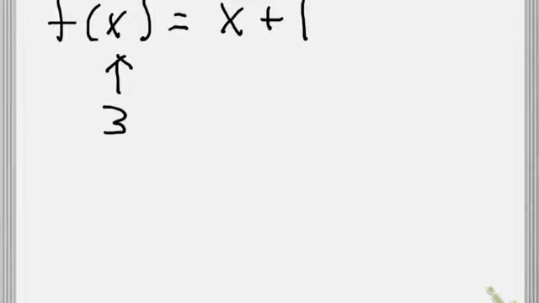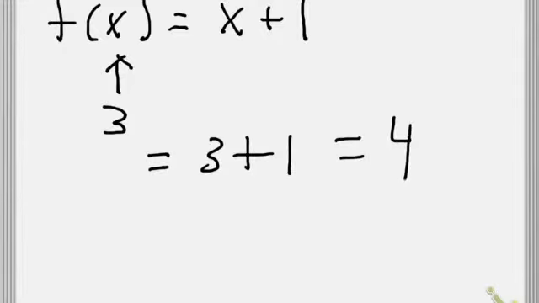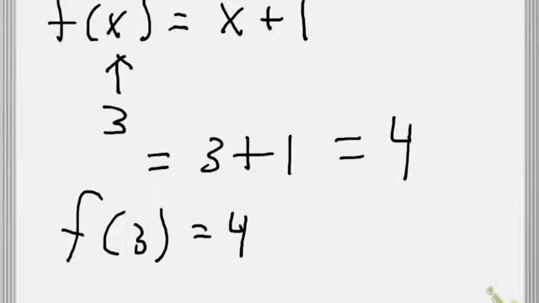So that function would now be 3 plus 1, which we know equals 4. So therefore, f of 3 equals 4. All it means is if we replace x with a number in the equation, then we solve the equation. That's really all there is to it. Mind-blowing, right?